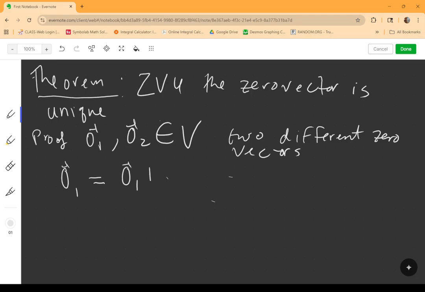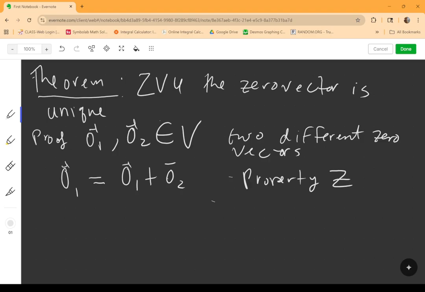So 0_1 plus 0_2, this is property Z. These properties are the vector space properties that we introduced earlier in this section.